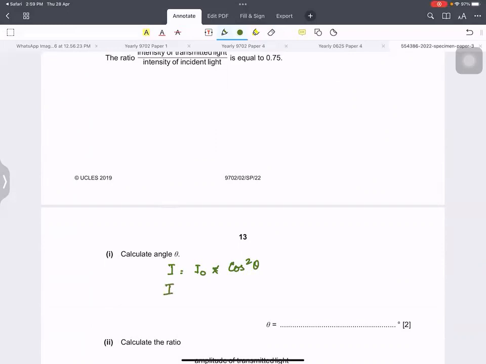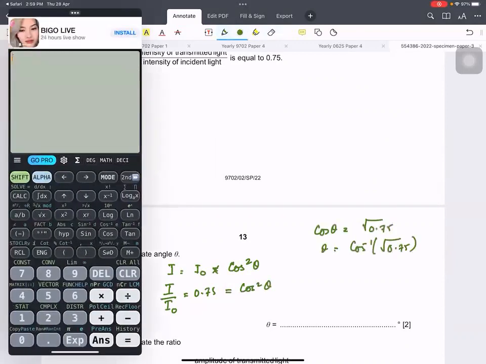So I over I naught is equal to 0.75. They've already given this. And this then equals cos square theta. So you can take the square root and then cos inverse. Let's do that. So the angle has to be 30 degrees.